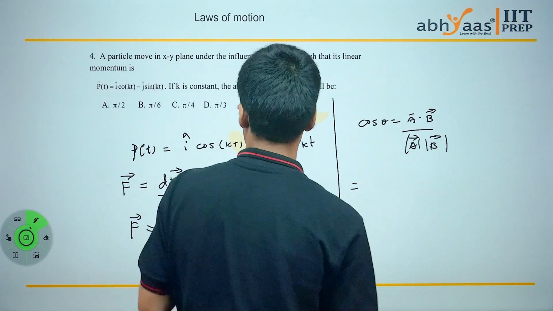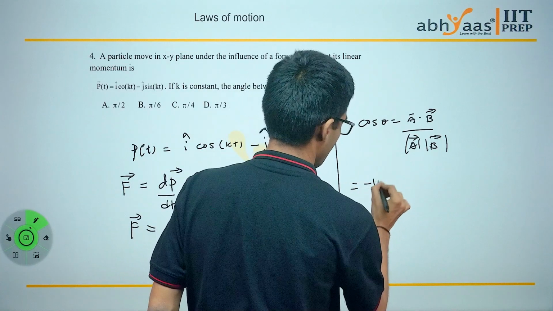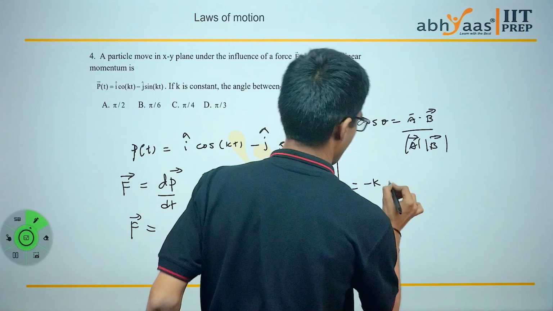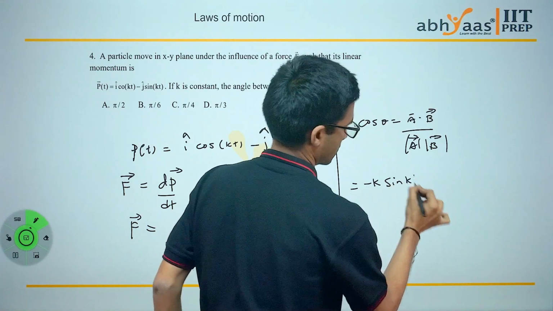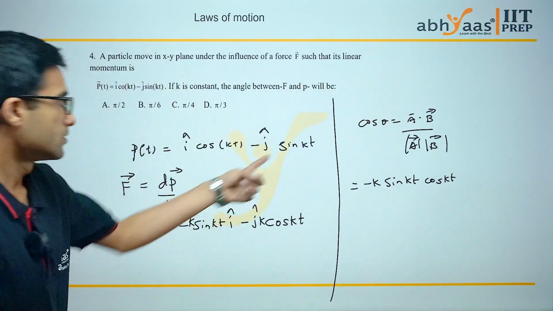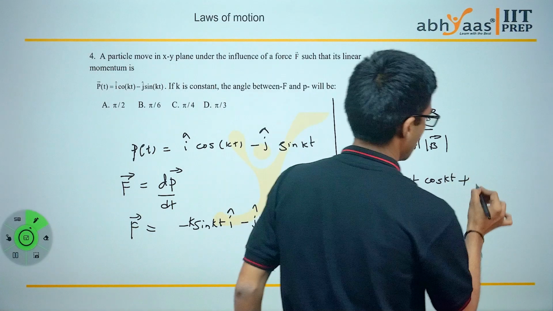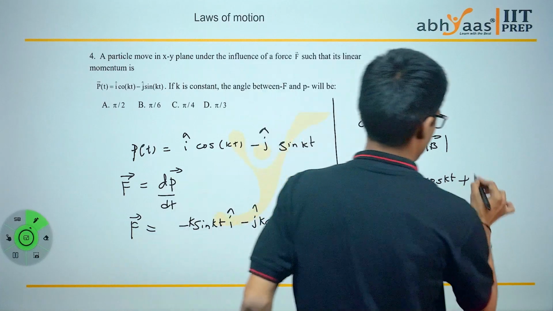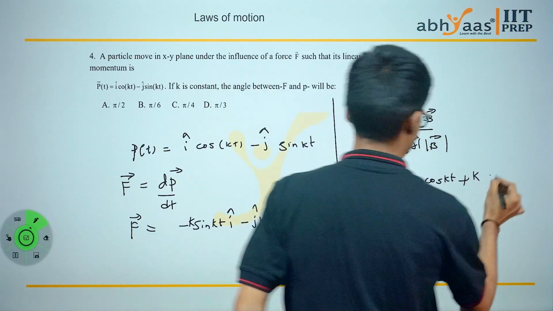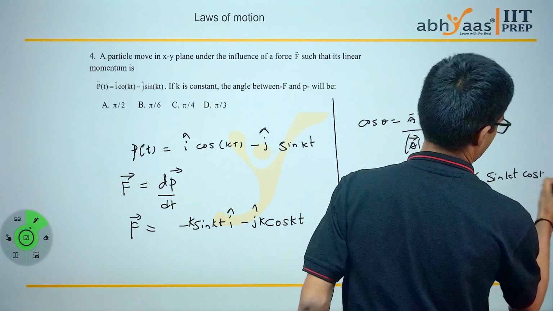What will you get? i dot i is 1, here minus k sin kt cos kt. Here sin kt times k cos kt, so both are negative, and you will get positive k sin kt cos kt.